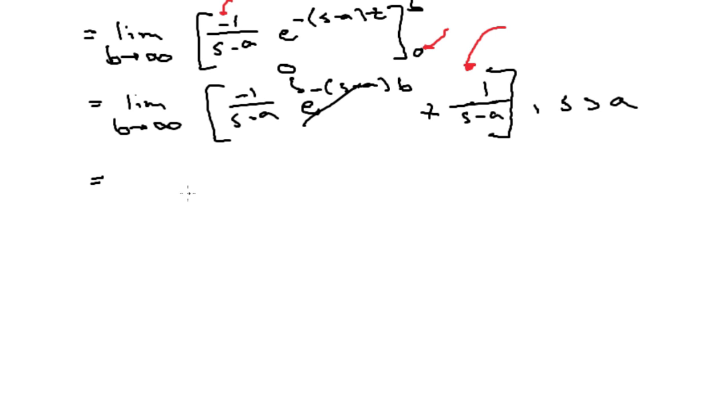So something multiplied by 0 is simply 0 plus 1 over s minus a, and that will be the answer. 1 over s minus a, as long as s is greater than a. Bakit? Kasi kapag equal sila, mag-0. Pag less than, may negative. Okay? And we're looking at t greater than 0, so s must be greater than 0.